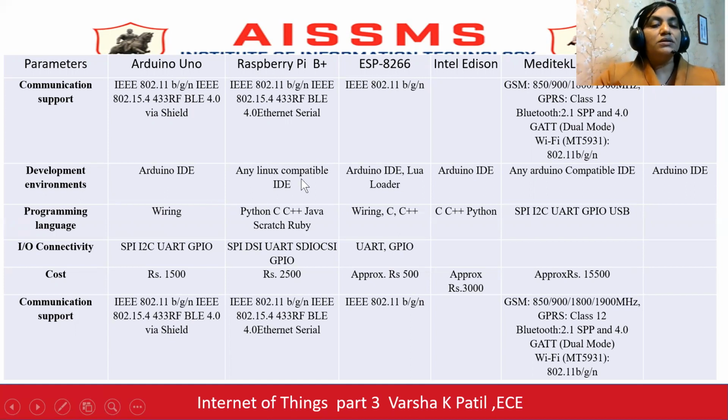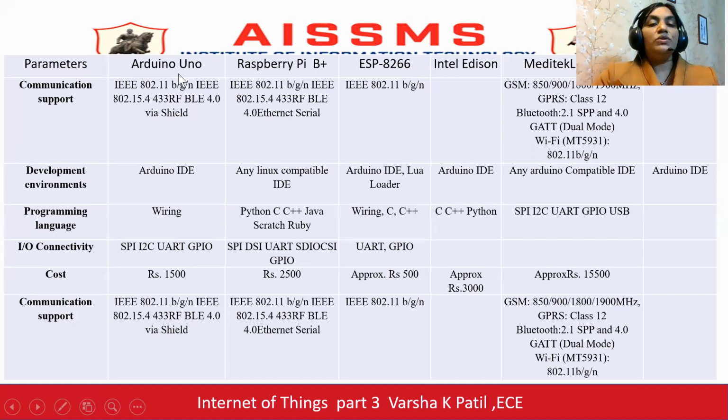That is Linux compatibility, which is given in case of Raspberry Pi, and the programming languages available on Raspberry Pi are Python, C++, C, etc. So this again gives the winning edge whenever the applications are fast, and the Raspberry Pi can handle all this.